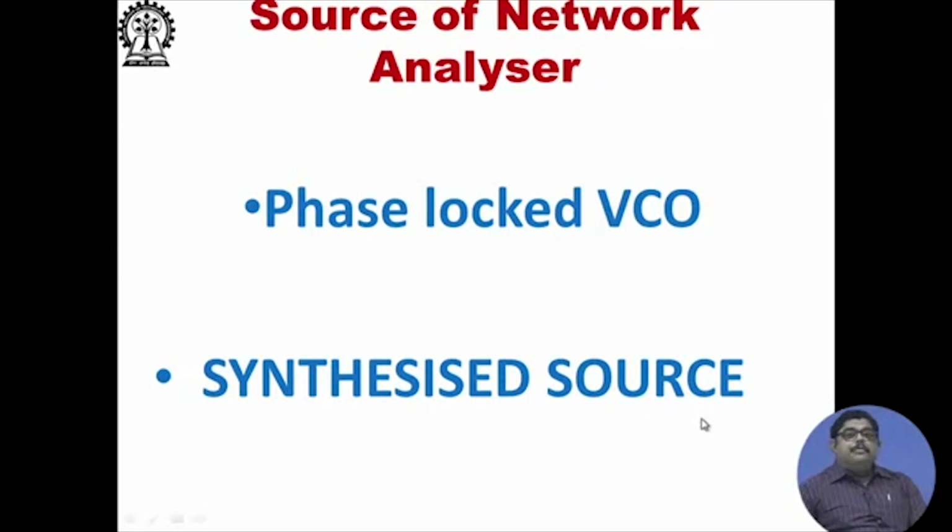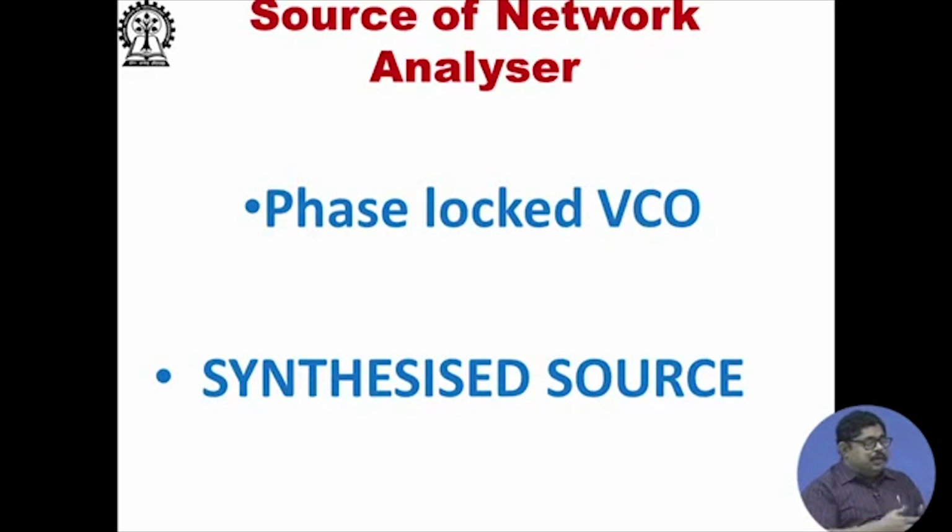Now, the source of a network analyzer is either a phase locked VCO, voltage controlled oscillator, or a synthesized source. Synthesized source means a source at a particular frequency, and from that various frequencies are derived, multiplied, divided by 2, etc. So the source has a particular range, but from that it synthesizes other ranges.